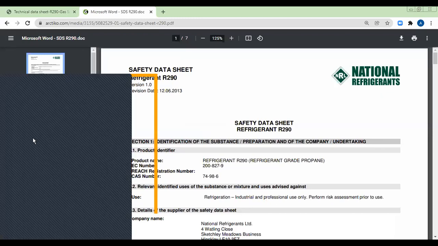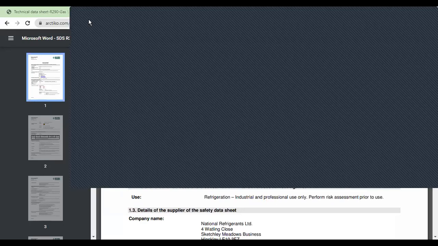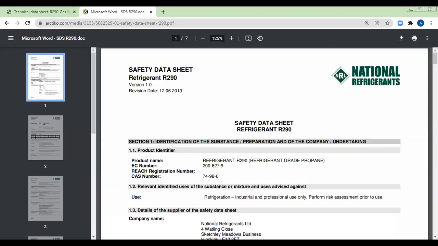I will put a snapshot of this to help you recollect and remember. So you all know how to access safety data sheets.